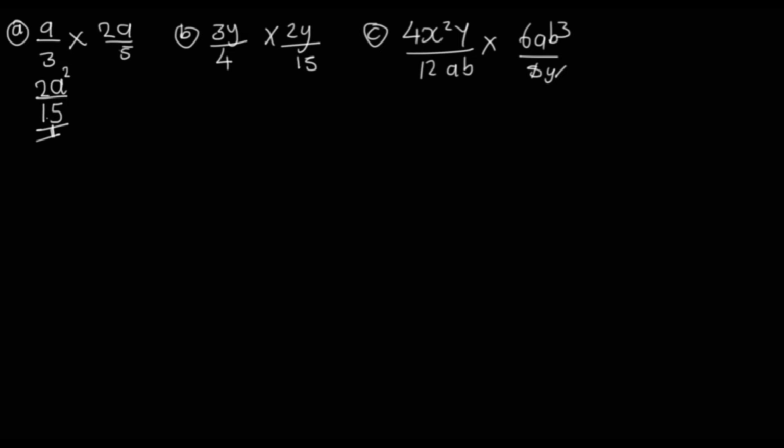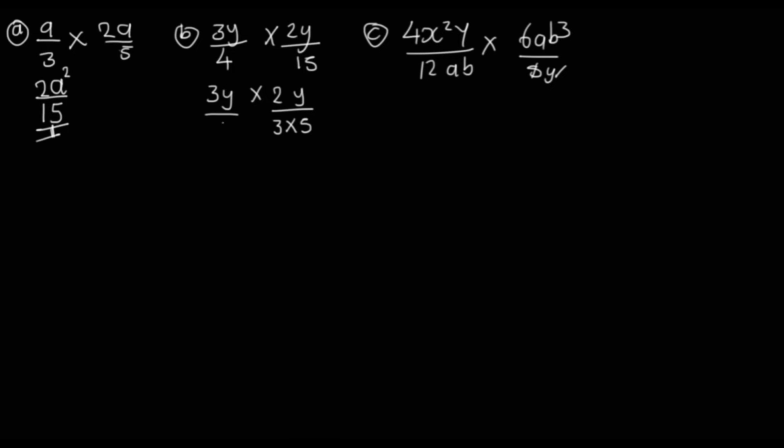So we have 2a squared over 15. Okay, now let's check the second one. For the second one, we can see that we can do some cancelling. So what I'm going to do is break some numbers into 2. My 3y will just be written like that times 2y over. Now for 15, that is the same as 3 times 5.